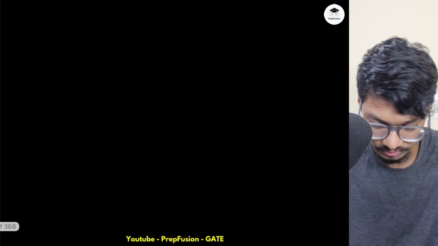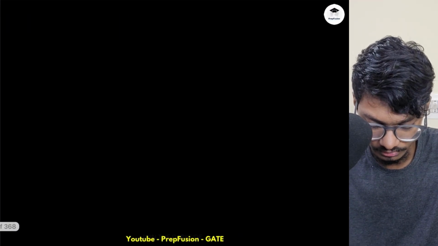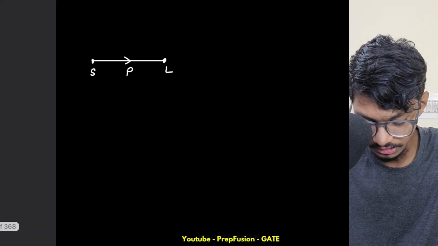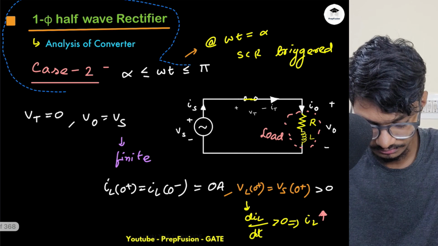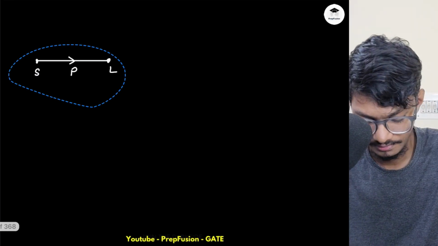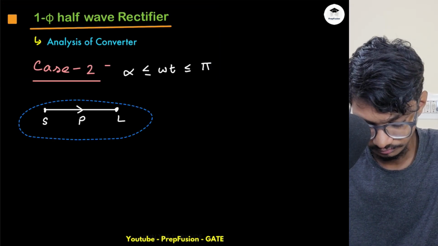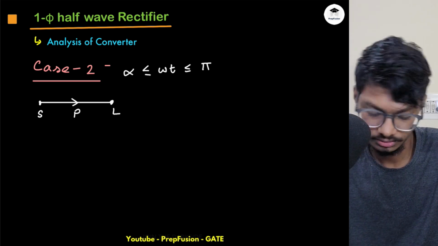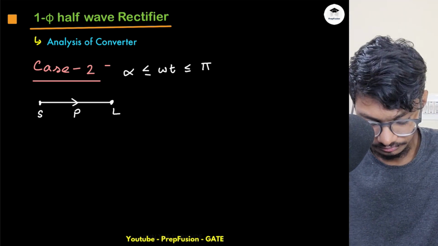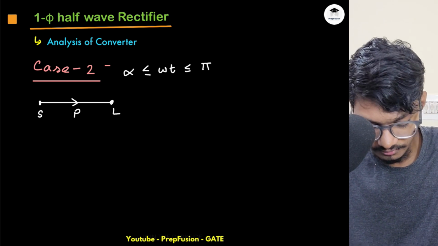Because if you observe, I will just take this on the next slide. So here, if I just copy the cases, copy the cases. So in this case, my Vs is positive.